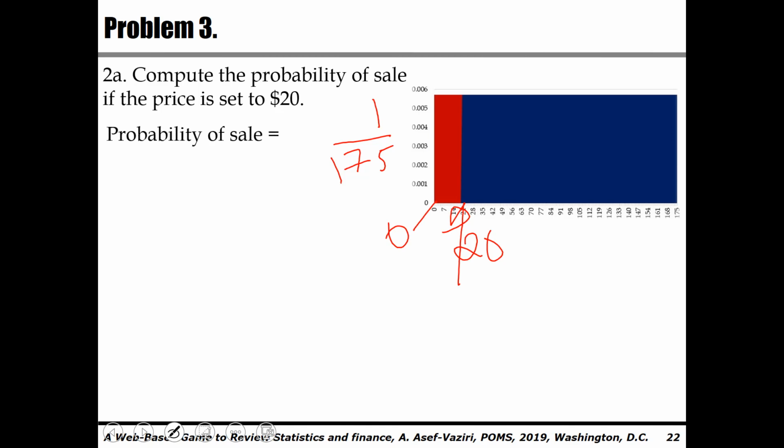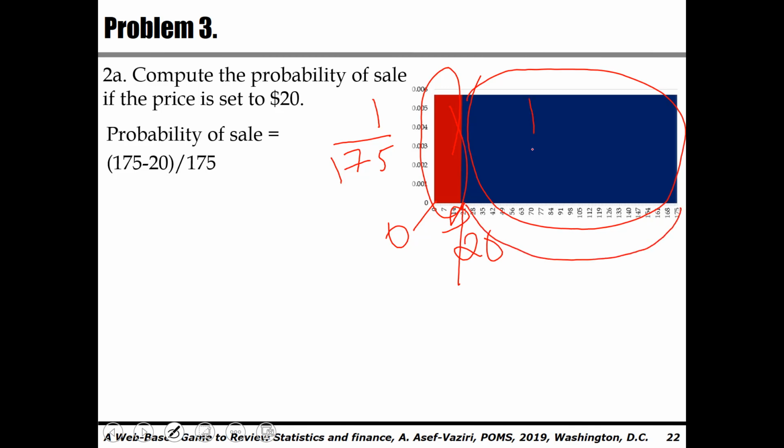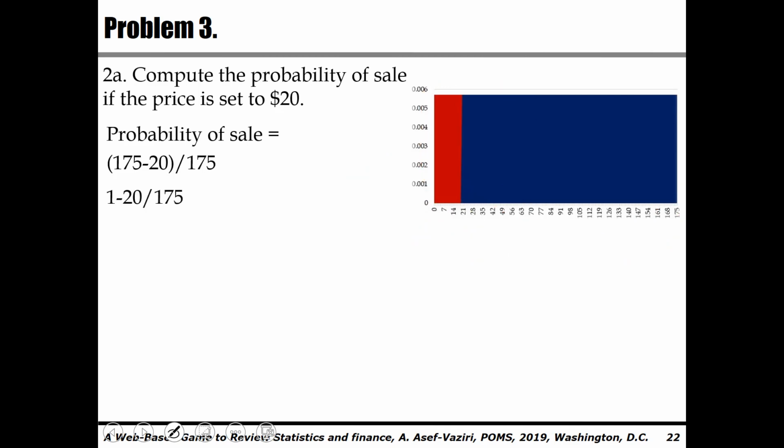Therefore, that probability is equal to this side of the curve, or 1 minus this side of the curve. Both of them are correct. That is 175 minus 20 multiplied by this height. Or it is 175 divided by 175 minus 20 divided by 175.